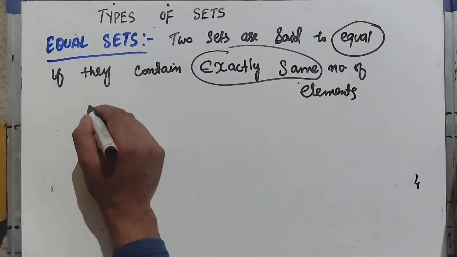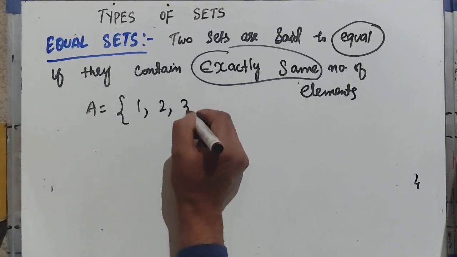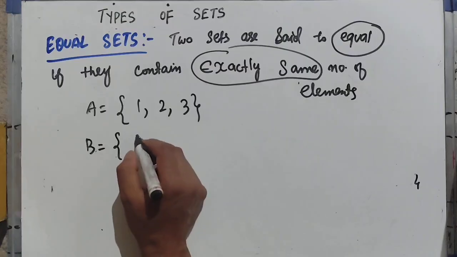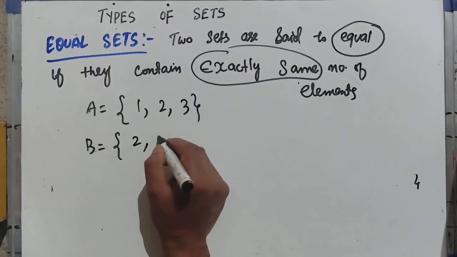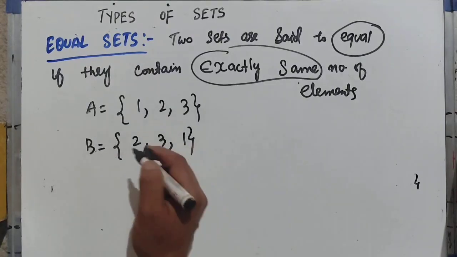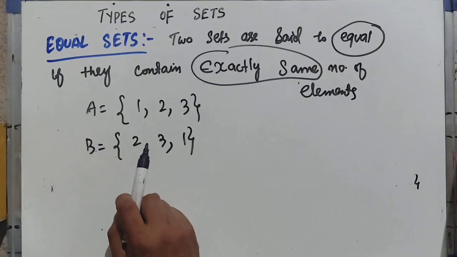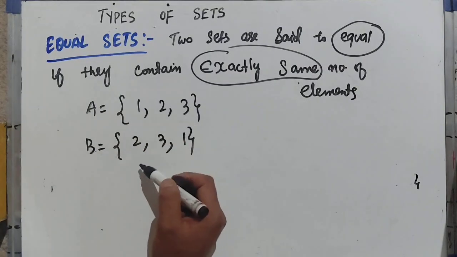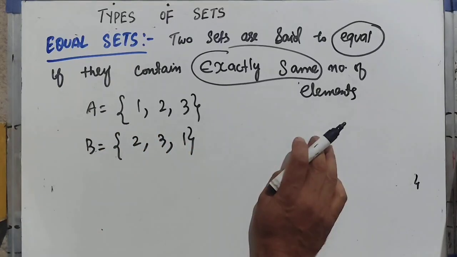By this we mean, if we have a set A which contains the numbers 1, 2 and 3, and another set B which also contains 2, 3, 1, the order does not matter. Since both sets have the same elements, we say set A and set B are equal sets.